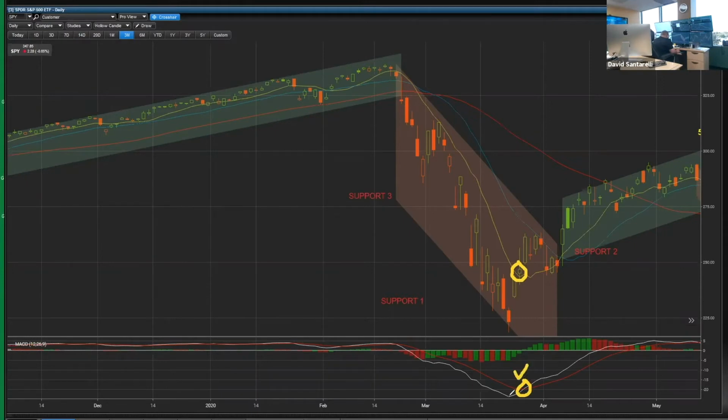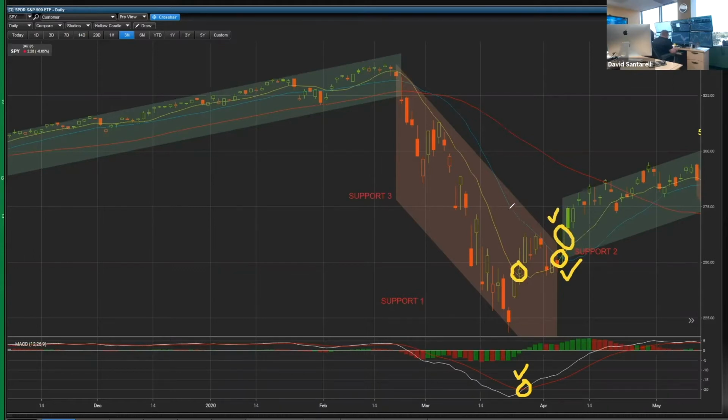When you have that MACD crossing above the signal line, that's number 1 for a call, okay? Now, what's the next one for a call? The 10-day simple moving average crossing above the 20 SMA. Okay, there's check 2. And then your first green candle above the 10/20 SMA is check number 3.